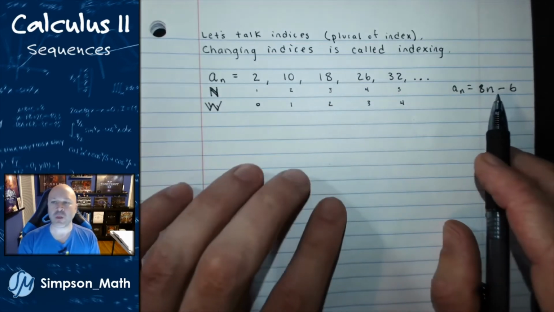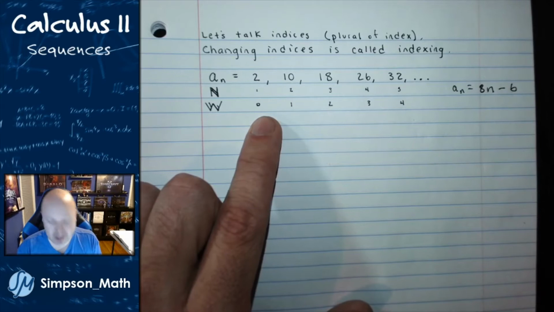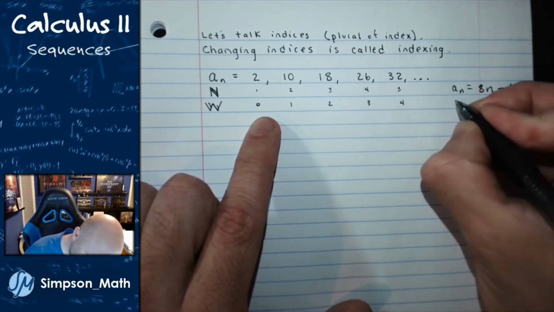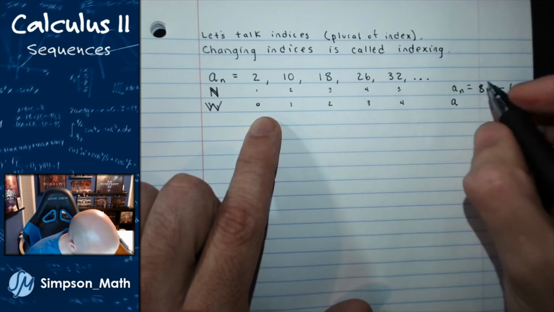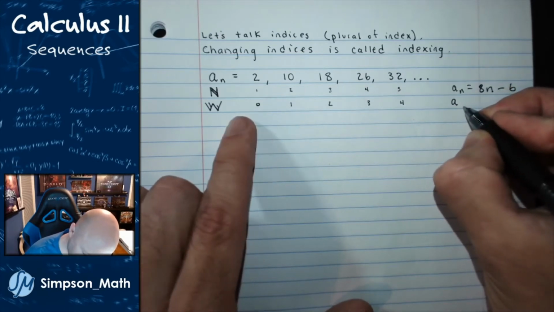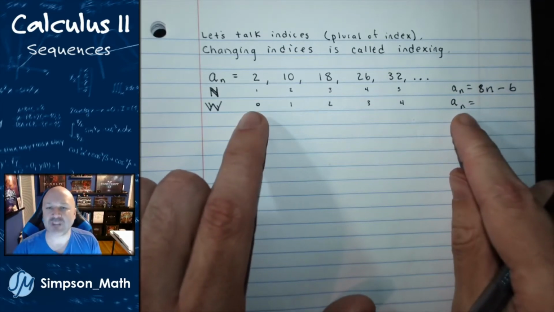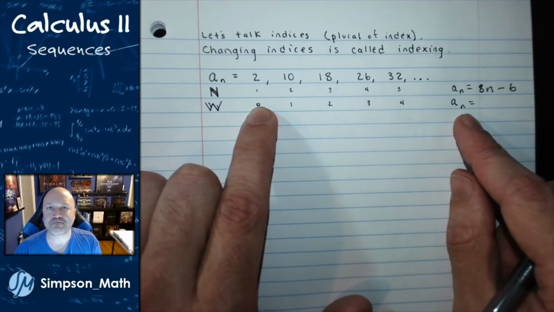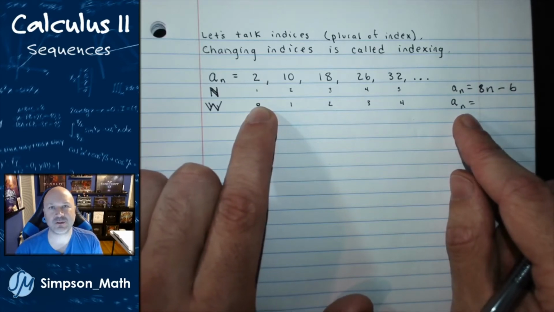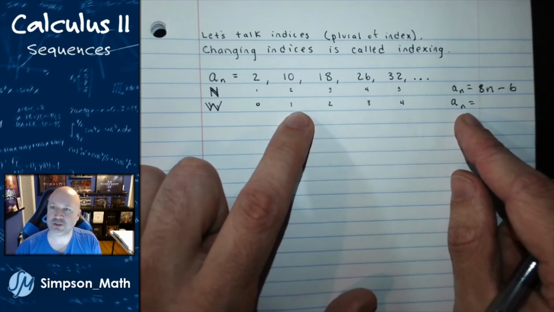Yeah. Okay, now down here, if I re-index it, if I change my indices, then I claim I could do something like this. I think I'm going to leave the n in. But here, I've changed the index. So 0 is like an initial term, and n equals 1 is the first term.